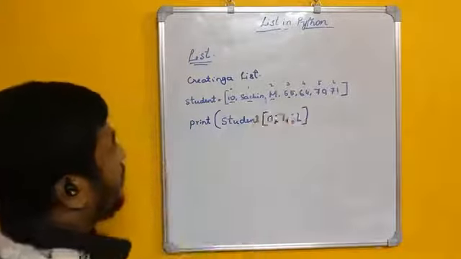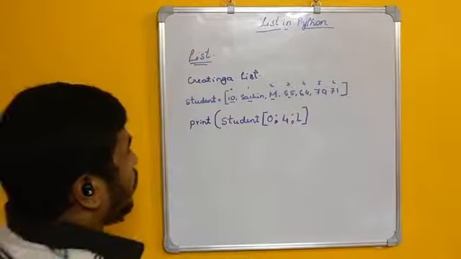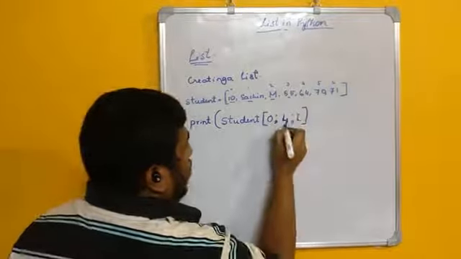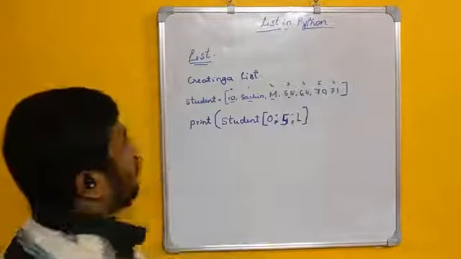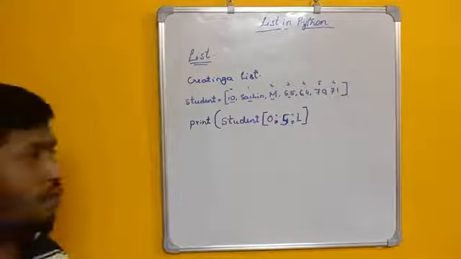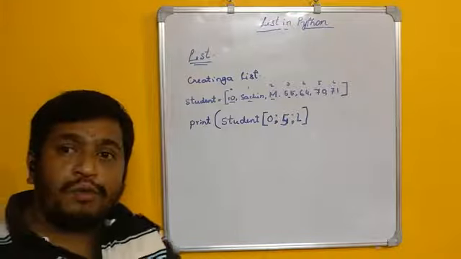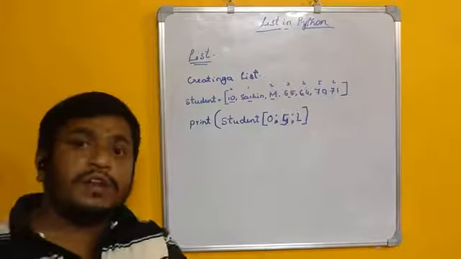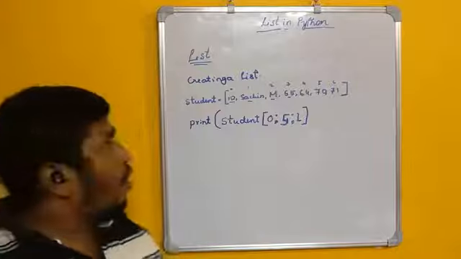So our end point is always 1 more than the last index we want.